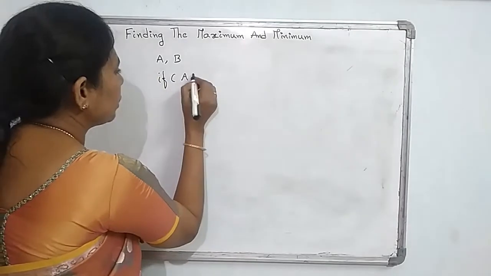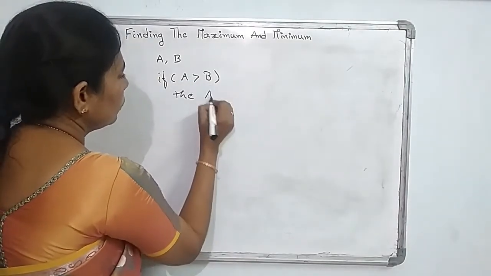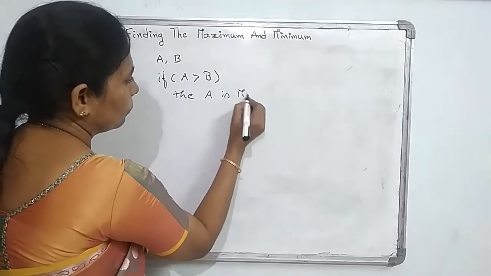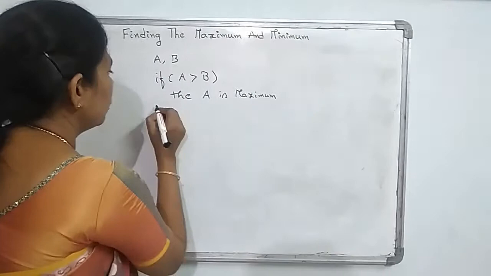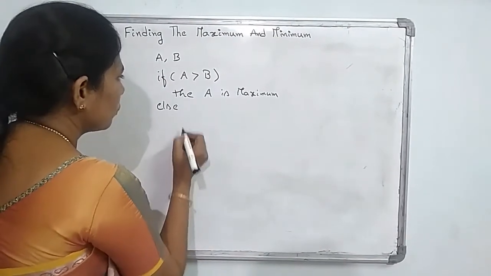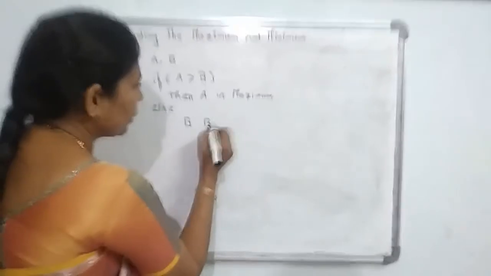If A greater than B, then A is the maximum element. Else, B is maximum.